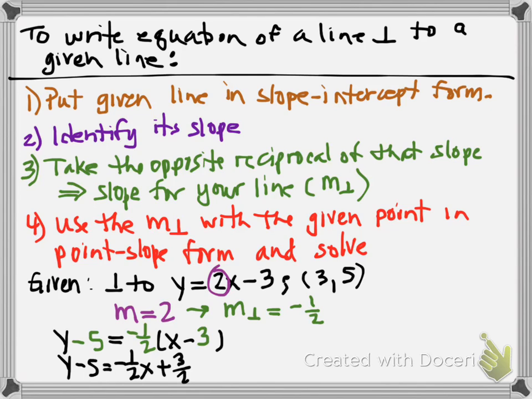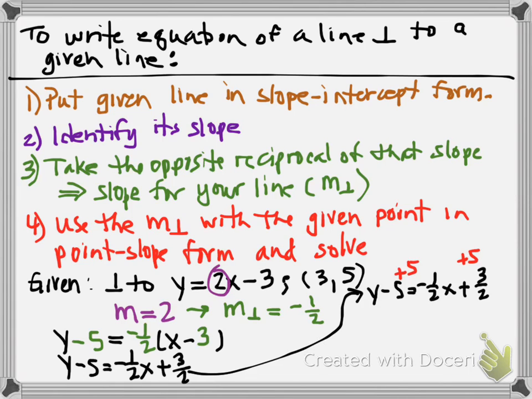Okay, then I'm going to take this over here where I have a little bit more room. Then I'm going to go ahead and add 5 to both sides, opposite operations. But what I notice is I can't actually add to the 3/2, so I need to change 5 into a fraction that has 2 in the denominator.